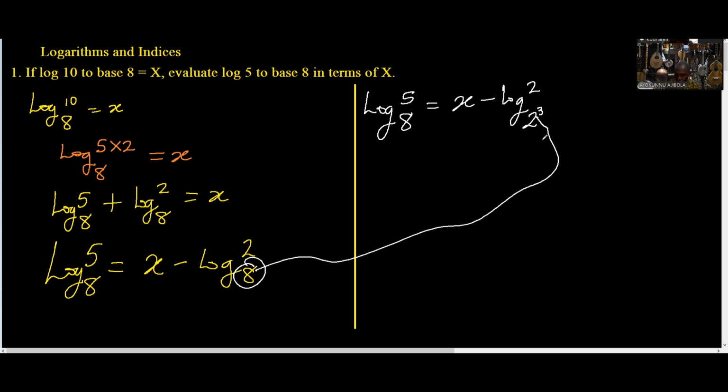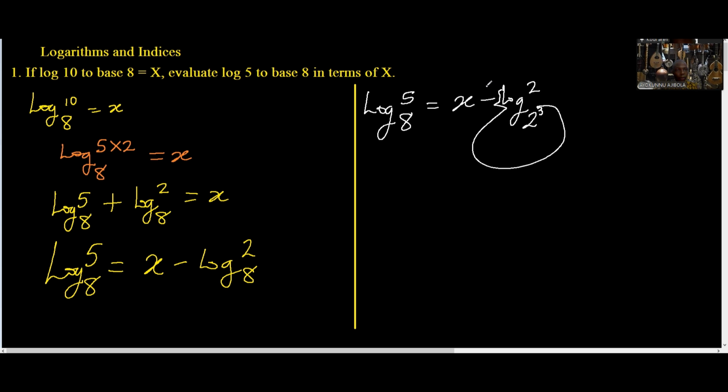Good. So, according to the theory of logarithms, this power can come to the front of the log, but it will be a reciprocal, okay? So log 5 base 8 equals x minus 1 over 3 log 2 base 2.